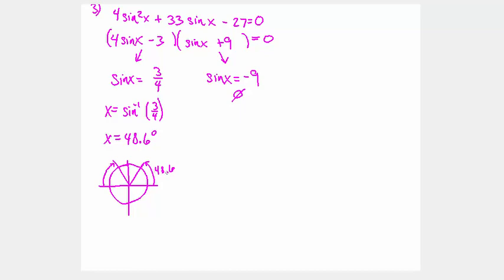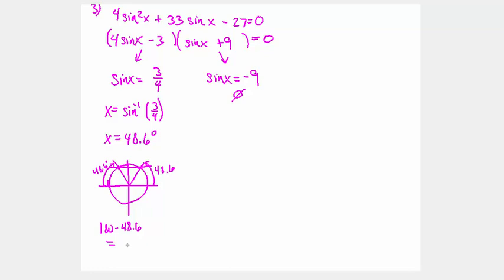So if I went 48.6 degrees counterclockwise, I'm going to now go 48.6 degrees clockwise, but starting over here at the left side of the circle, which by the way would be 180 degrees. So if I do 180 minus 48.6, that would start me over here, take me back to this point on the circle. Well, the sine value there, which remember is the y value, symmetrically would be the same thing. So that means this would be another solution.